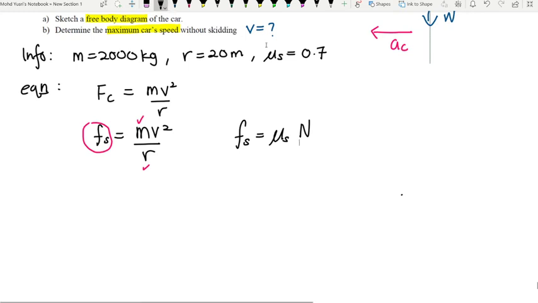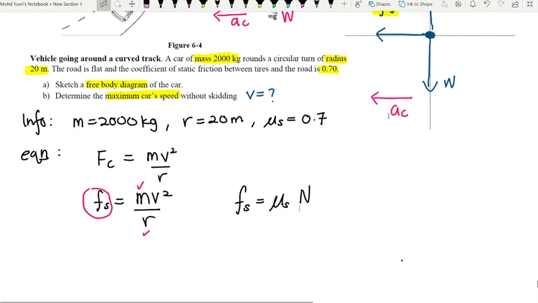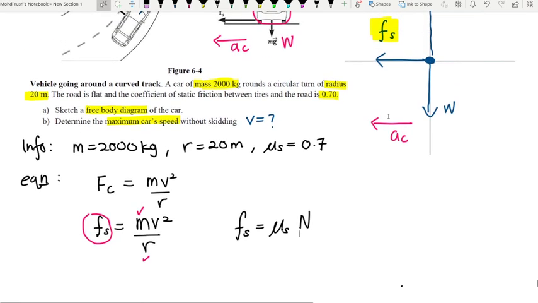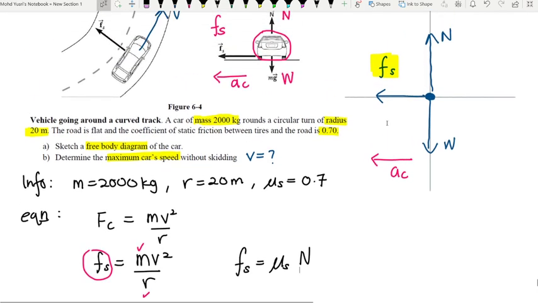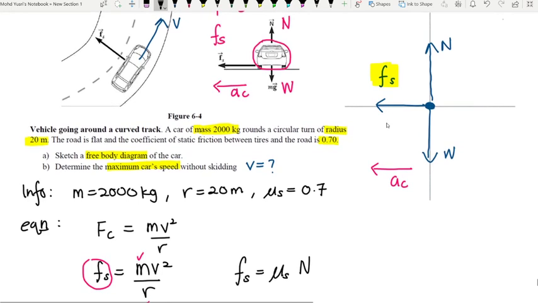So kalau kita ada normal force, maka kita boleh cari friction. So kita tengok balik kita punya free body diagram. Pada Y component, the net force is 0. So normal force plus the weight, negative sign indicates direction downward, is equals to 0.